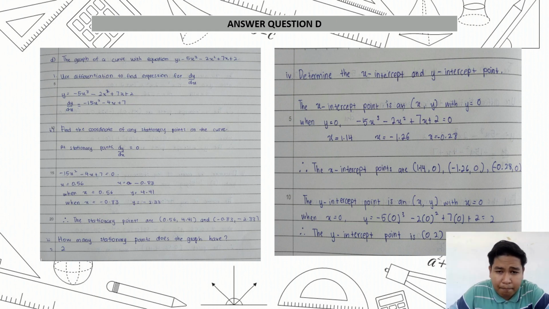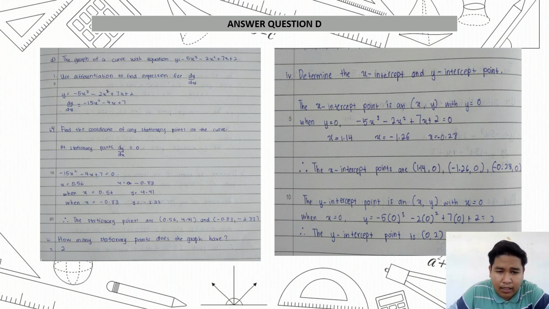The x-intercept point is at (x, y) with y equals 0. When y equals 0, negative 5x cubed minus 2x squared plus 7x plus 2 equals 0. So x equals 1.14, x equals 1.26, and lastly x equals negative 0.28.